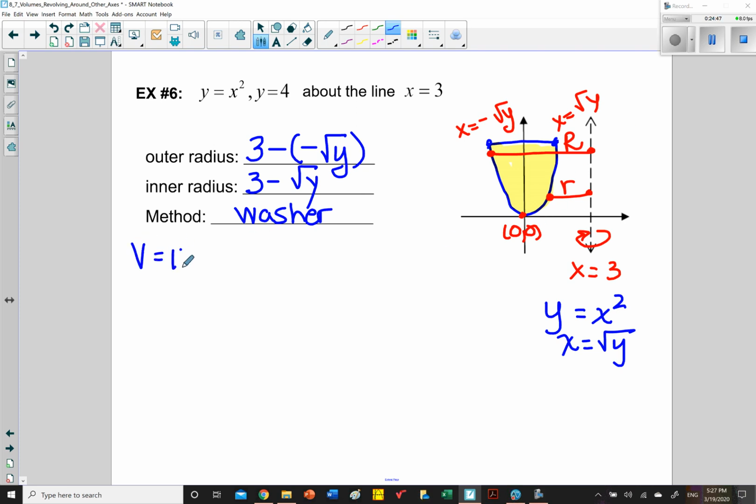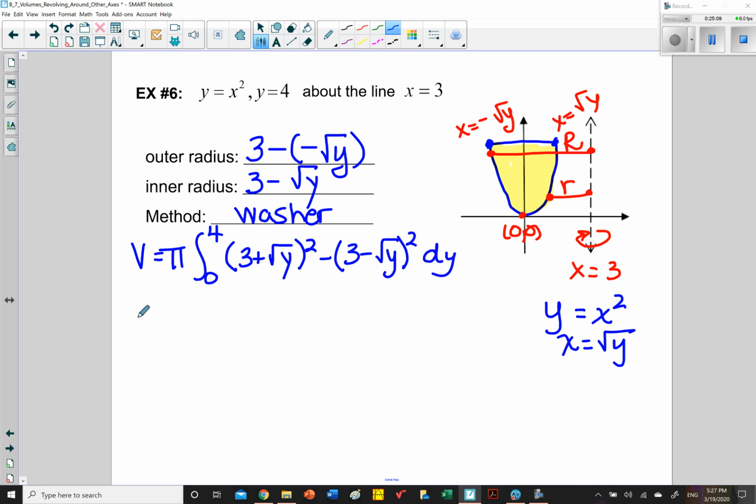Volume is pi from y to y. What was this y? 4. Okay, from 0 to 4. Outer radius 3 plus radical y squared, inner radius 3 minus radical y squared dy.